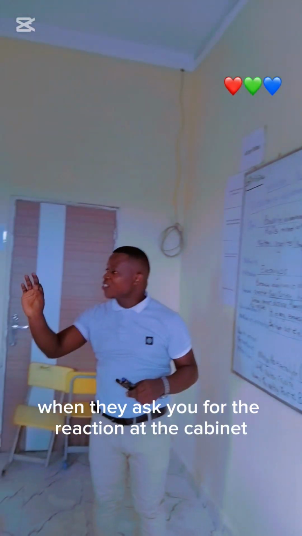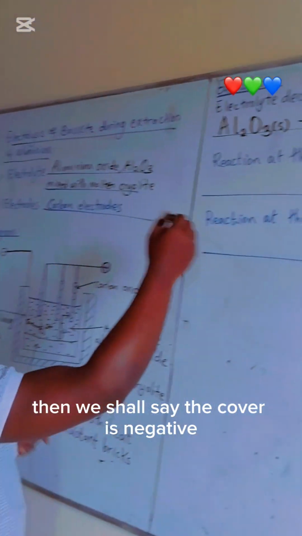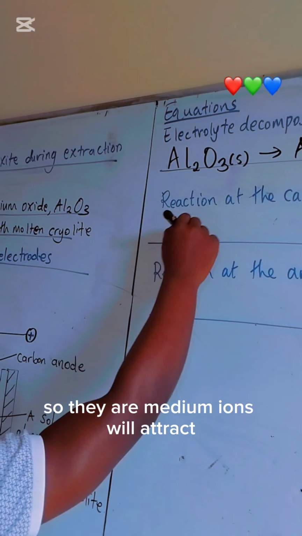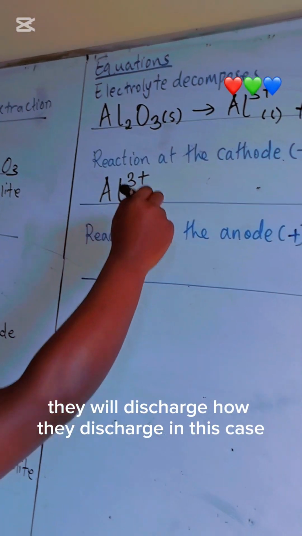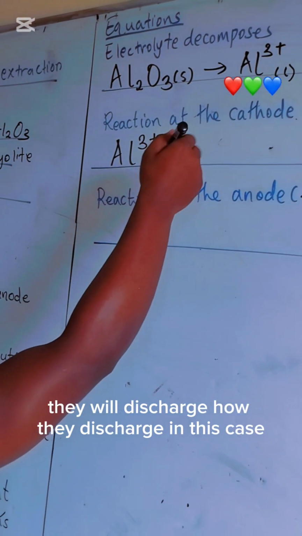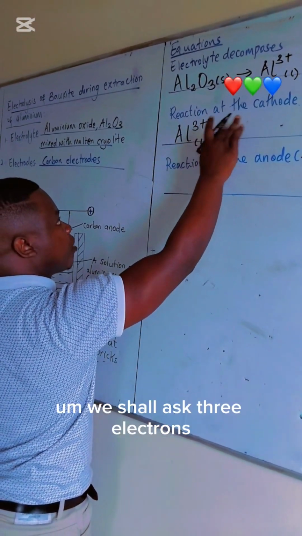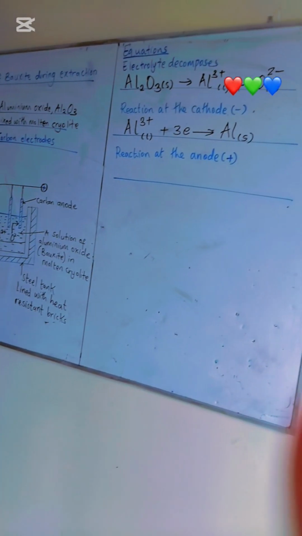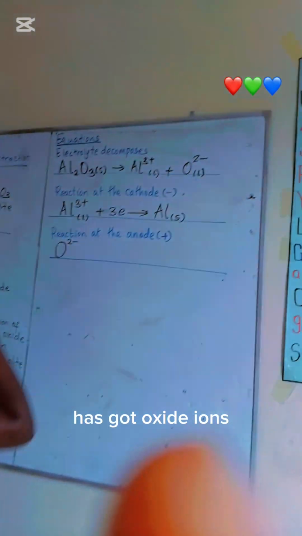So when they ask you for the reaction at the cathode, then we shall say the cathode is negative, so the aluminium ions will attract, and when they attract there, they will discharge. How do they discharge? In this case, we shall add 3 electrons. The anode has got oxide ions.